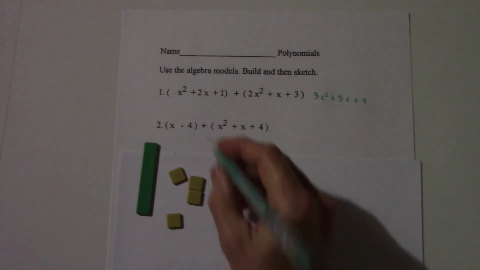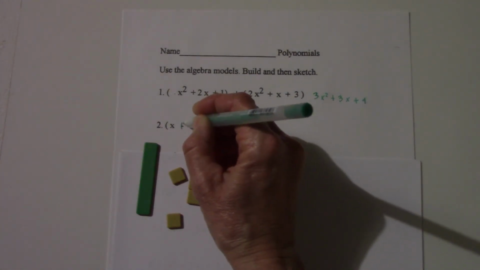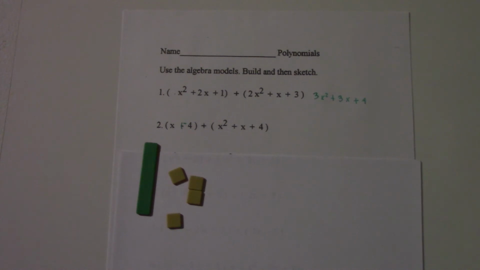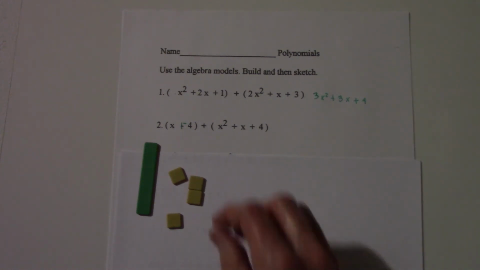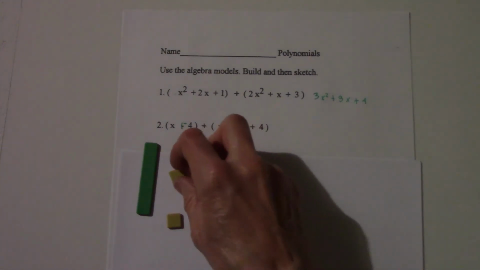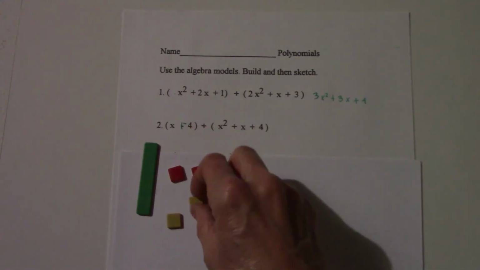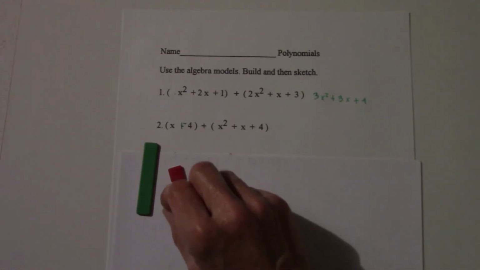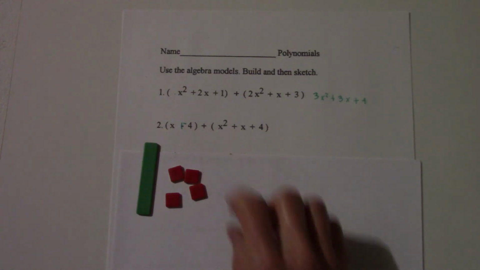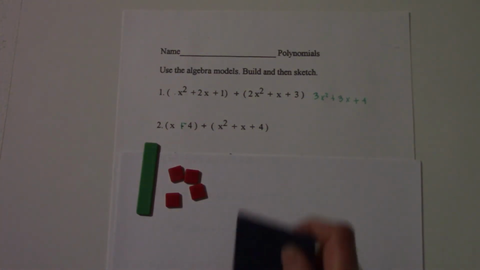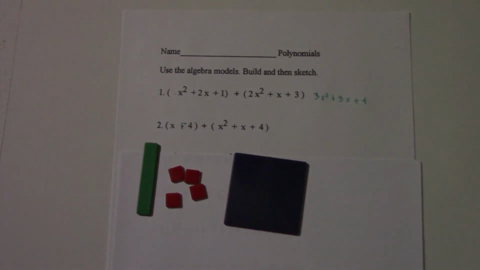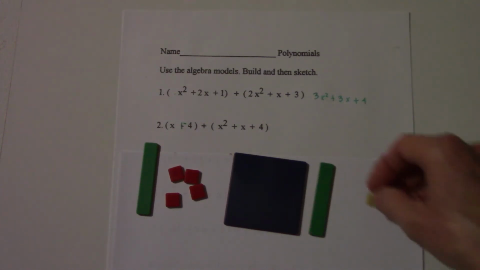And the reason for that is because it's going to allow me to move them around. So now I have plus a negative. So now my problem is x plus negative 4 plus x squared plus x plus 4.